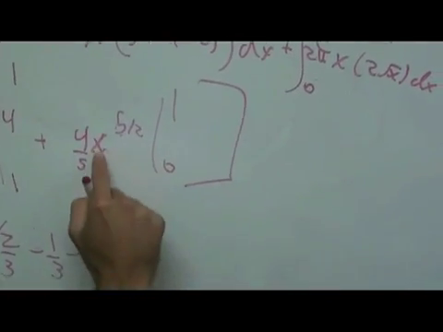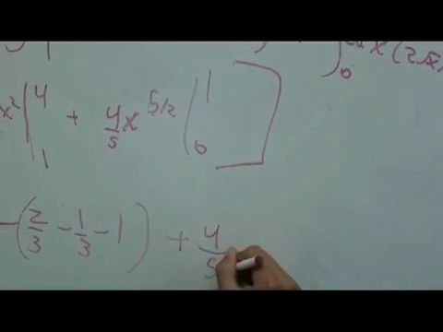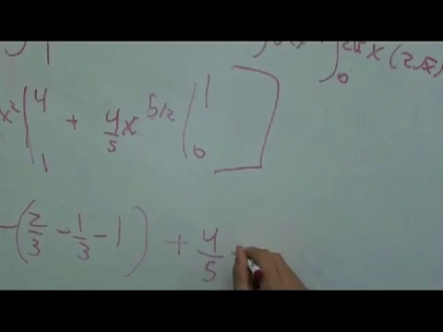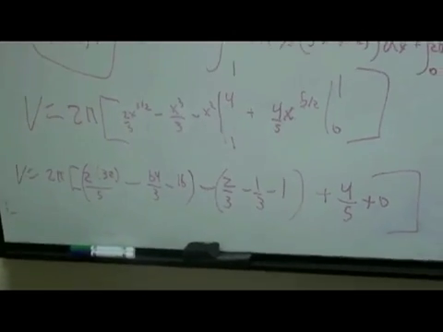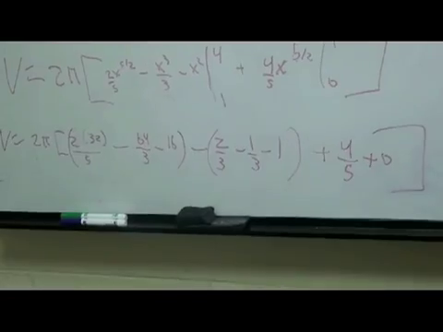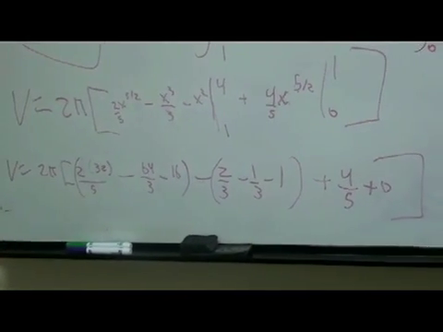So if we put 1 into here, that's just going to be 4/5. Put 0 into here, that's just going to be 0. Alright, and then our brackets to end it. 2 more steps. So now our volume equals all of that, so now we have to simplify.